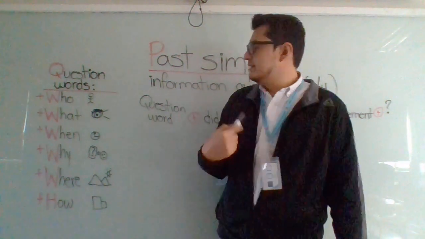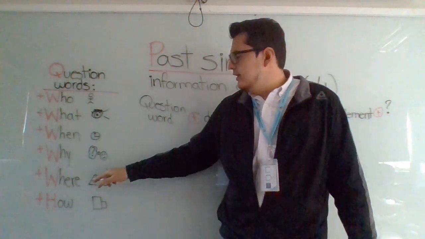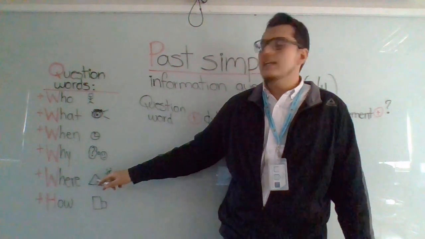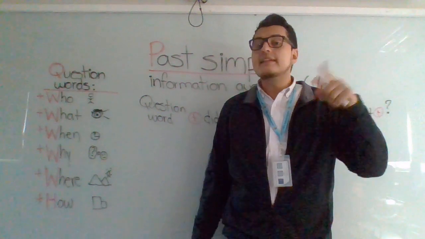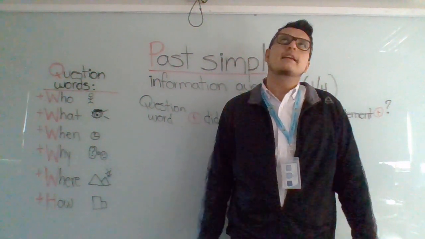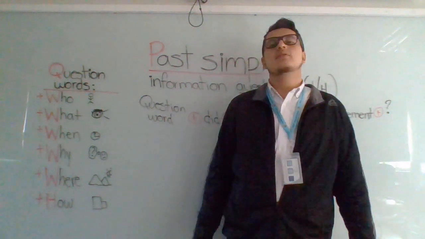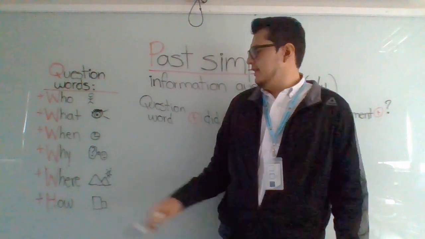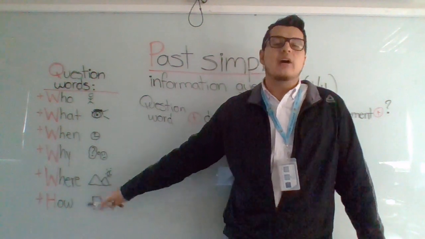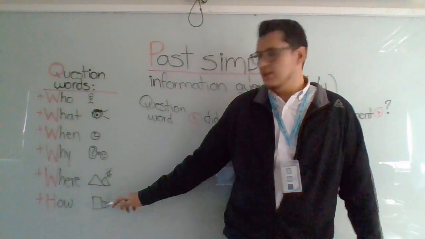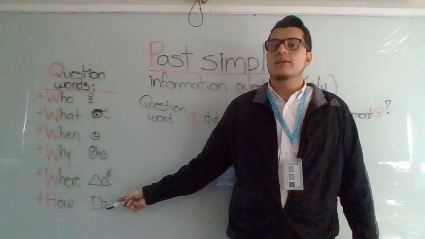Why did you close the door? Because I was cold. Where did you go on vacation? I went to, let's see, I went to Mexico City. How did you answer the question? I need to find a way.